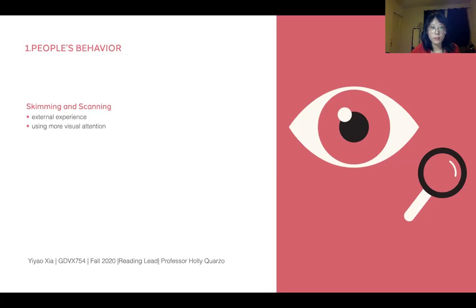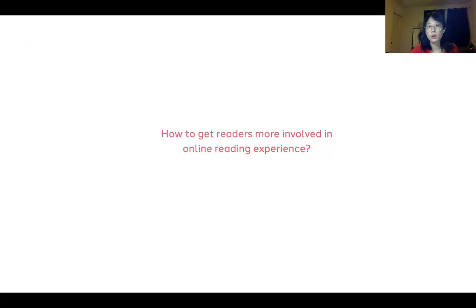So based on this information, I come up with the question of how to get readers more involved in the online reading experience, because most people may just read 60% of an article, not the whole. So I think it's pretty important to address the problem.